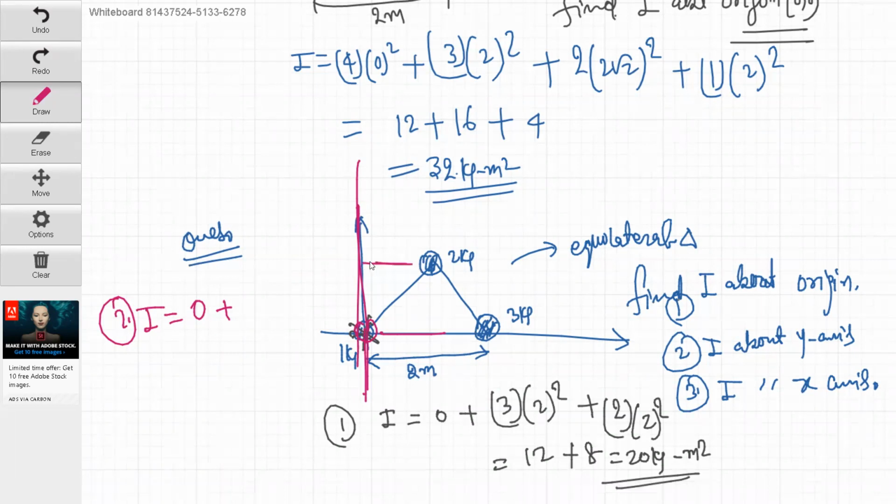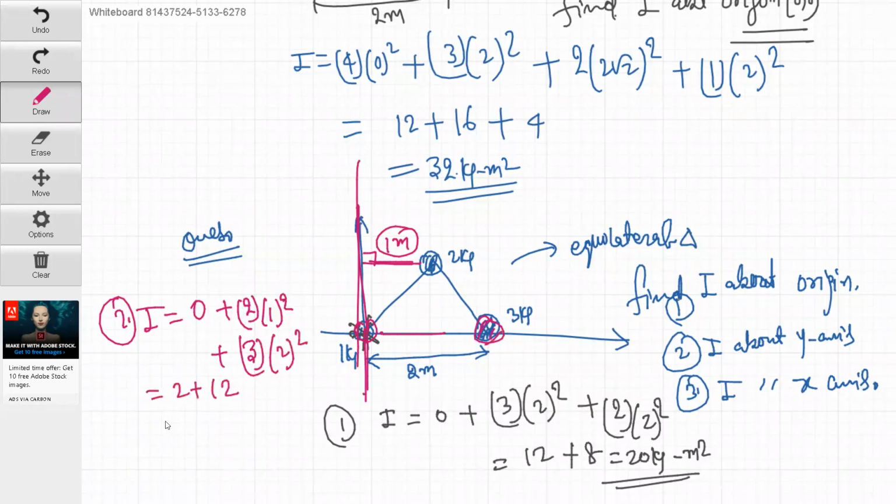This 2 kg object is at a distance of 1 meter from the y-axis, isn't it? So its moment of inertia is 2 into 1 square, plus this 3 kg object is at a 2-meter distance from the y-axis, so its moment of inertia is 3 into 2 square. That will be equal to 2 plus 12, isn't it?